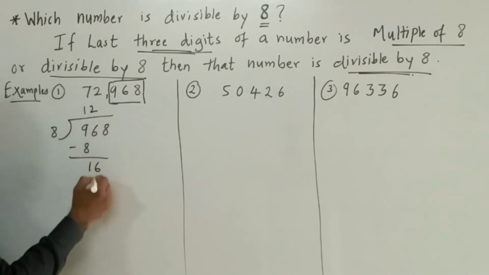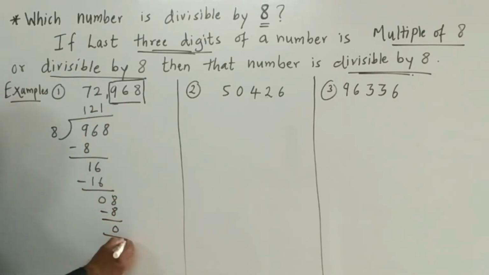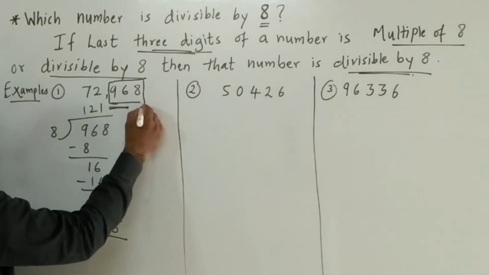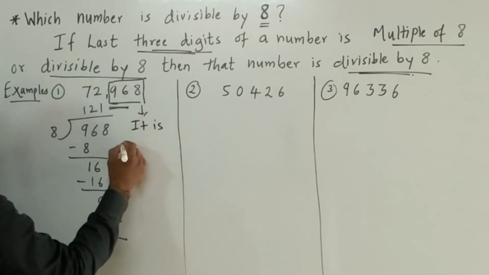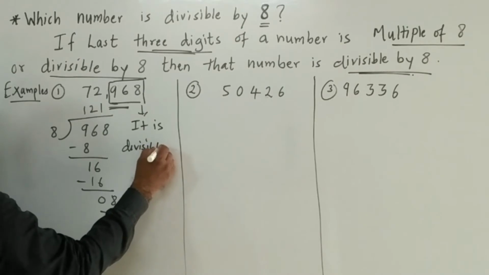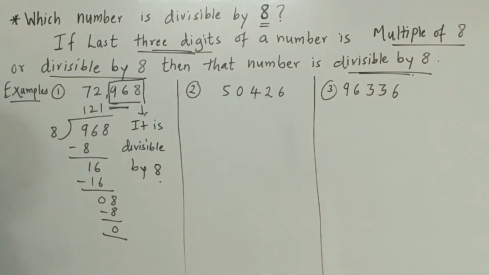Then 16: 8 twos are 16, remainder 0. Here 8 ones are 8. So remainder is 0. So this number 72,968 is divisible by 8.